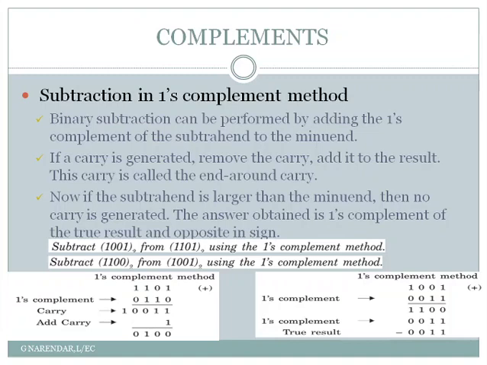But the answer should actually be negative. Since the subtrahend is larger than the minuend, subtraction should produce a negative result. But here, you will see that the answer obtained is the 1's complement of the actual result, and it is opposite in sign. This will be clarified when we take one example to see how subtraction is performed using the 1's complement method.